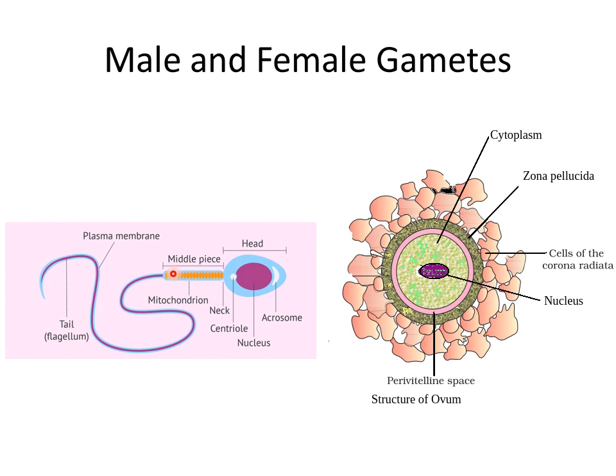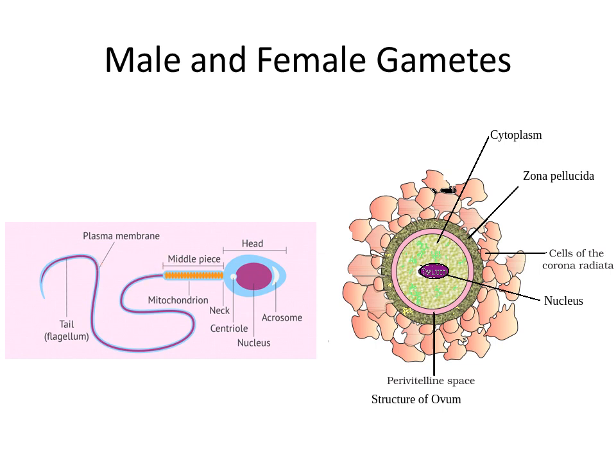Here the mitochondria fuse together and form a sheath in the proximal part of the flagellum. The rest is the tail of the sperm, which is formed by the flagellum, which causes movement of the sperm.